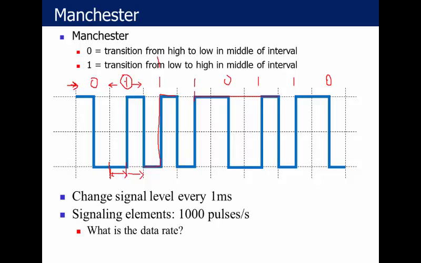To represent one, you need to have a low voltage chip and a high voltage chip. From the device point of view, there is no transition. It sends low voltage, high voltage pulses, like low, high, low, high, like that.